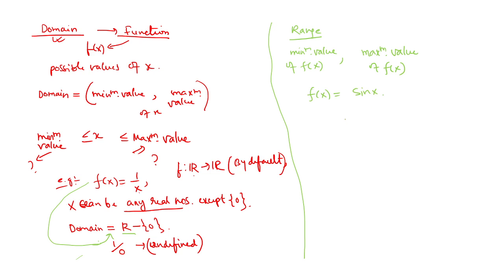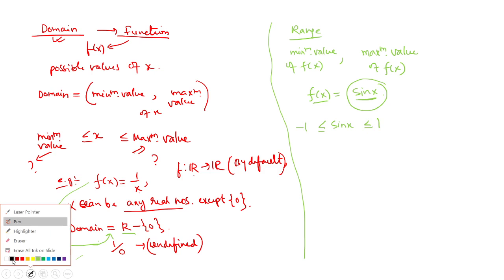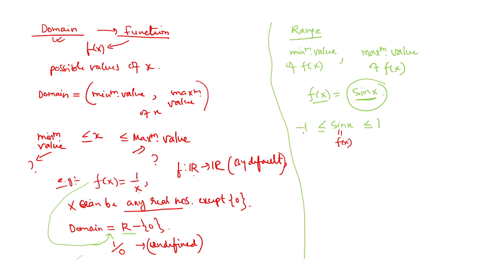By definition, sin x goes from minus 1 to 1. So the range of this is [-1, 1], closed brackets. That's example number two.